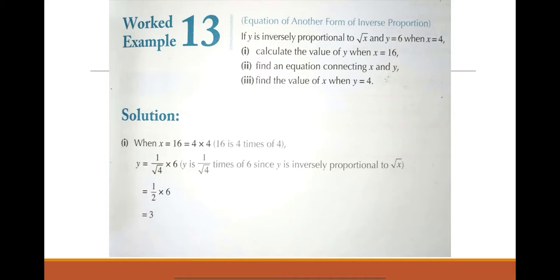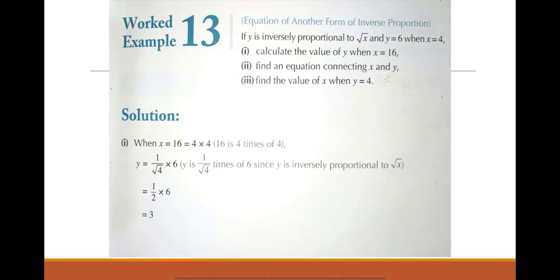So instead of inversely proportional to x, the question said that y is inversely proportional to the square root of x. That means we have to change the x into square root of x. And here we are, a new equation, y equals k over square root of x.